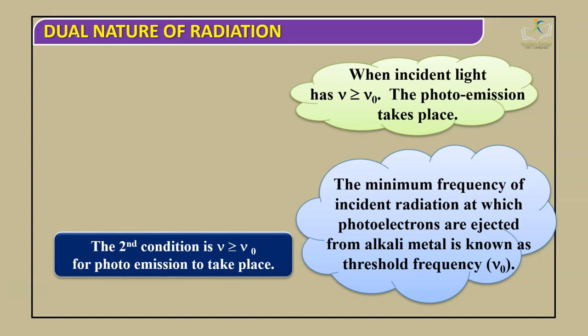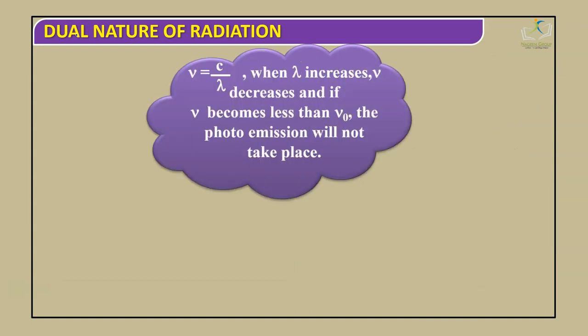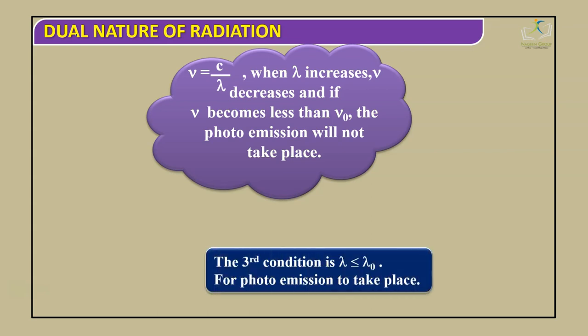And the second condition is that nu must be greater than nu naught for photoelectric emission. Nu equals C by lambda. When lambda increases, nu decreases. If nu becomes less than nu naught, the photoelectron emission will not take place.